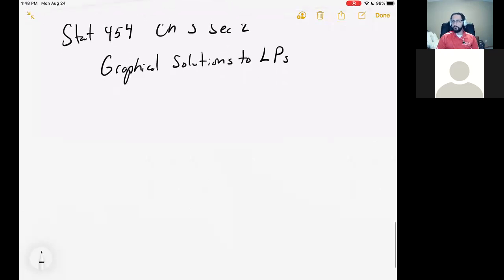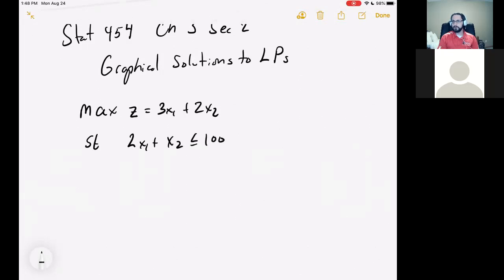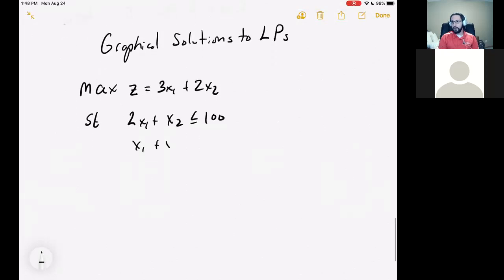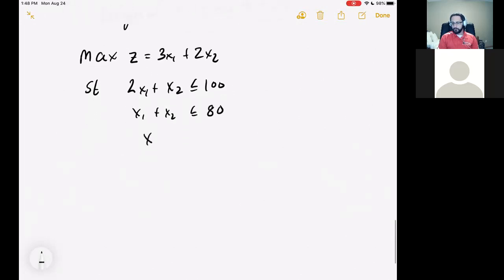So I'm going to first focus on this LP: maximize z equals 3x1 plus 2x2, subject to these constraints: 2x1 plus x2 less than or equal to 100, x1 plus x2 less than or equal to 80, x1 less than or equal to 40, and then our sign constraints x1, x2 bigger than or equal to 0.